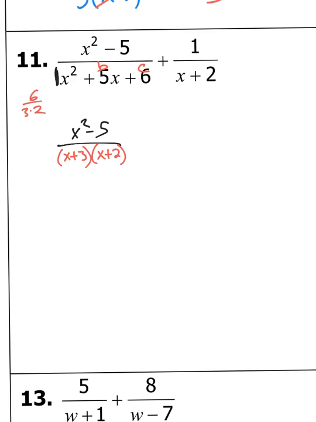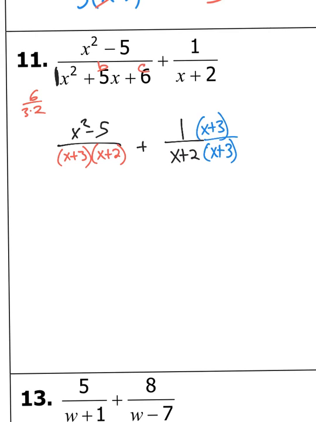Now it's a little more clear how I could make common denominators. I would just multiply this one by x plus 3. Whatever I do on the bottom, I have to do up top. Why I'm allowed to do that is because what's in blue right now is just equal to 1, right? Anything divided by itself is just 1. So I'm not changing the value of this fraction.